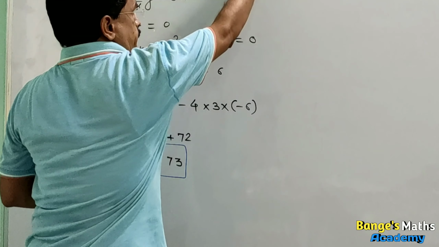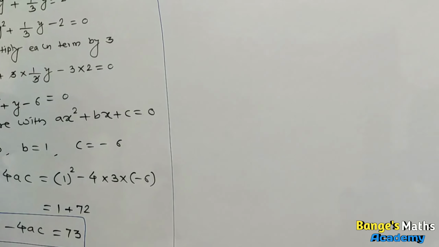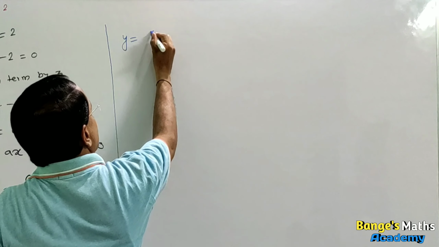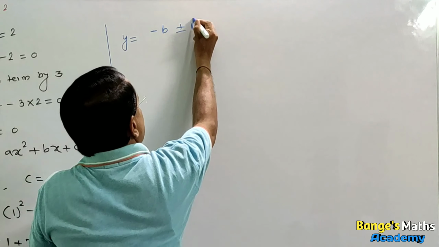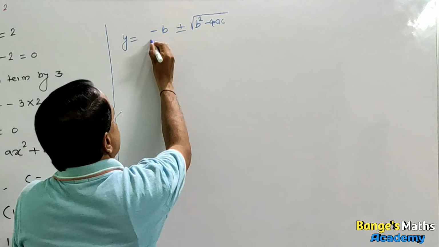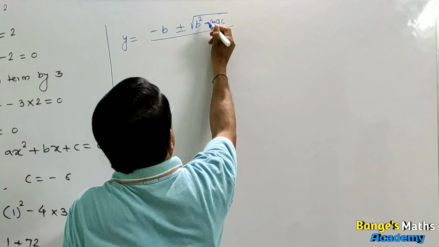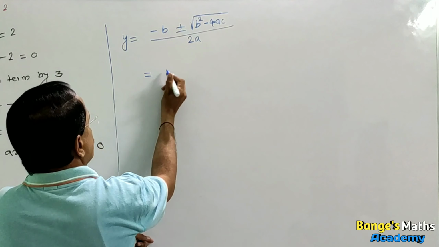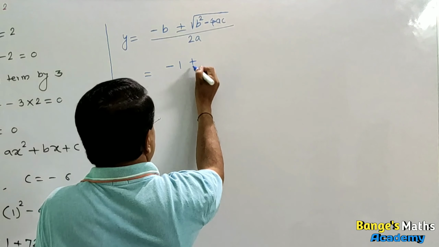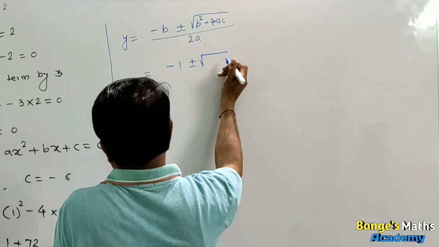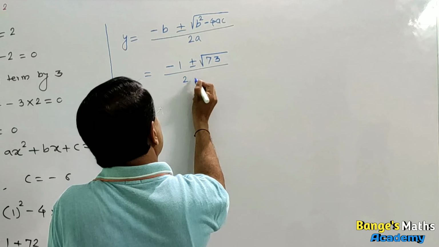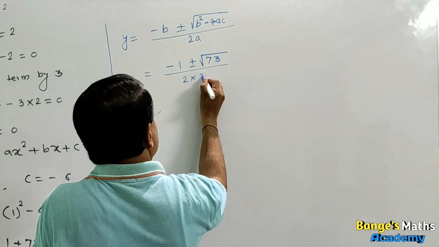Then by using formula, variable is y, so y is equal to minus b plus or minus square root of b square minus 4ac upon 2a, is equal to minus value of b, 1, plus or minus square root of b square minus 4ac, 73, upon 2a, 2 into value of a is 3.